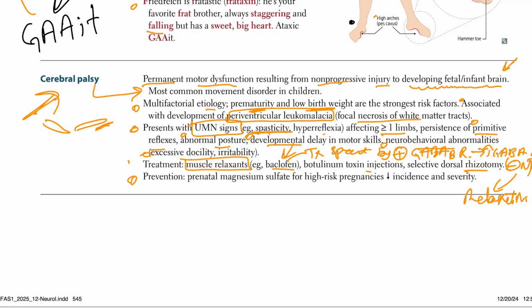Okay, prevention is prenatal magnesium sulfate for high-risk pregnancies, which decreases the incidence and severity.